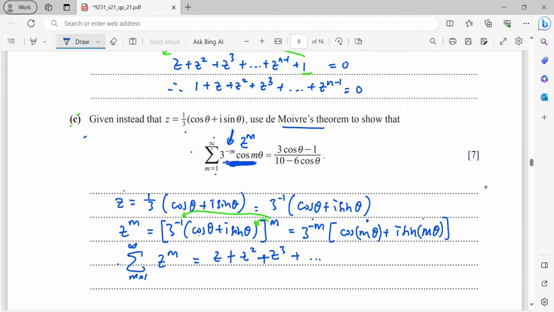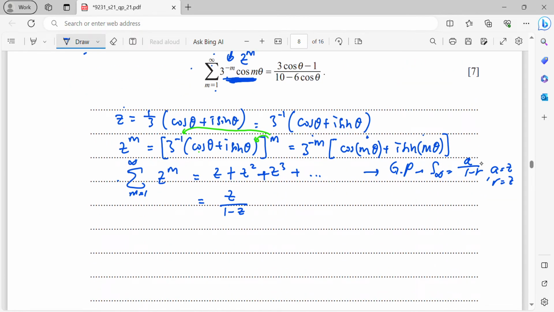Then this is same as a GP, a geometric progression, sum to infinity. This is a geometric series. So S infinity is a over 1 minus r. Again, a is z, r is z. So from here, I will say this is same as z over 1 minus z.